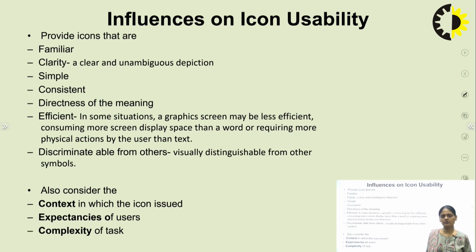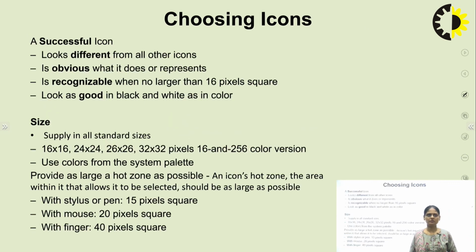We need to consider all these factors when using any icon on our screen. We also consider the context in which the icon is being used, the expectancies of the user, what it is expected to do, and the complexity of the task. All these considerations should be there.